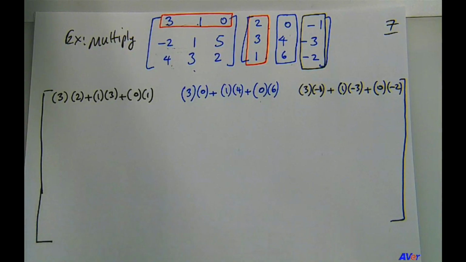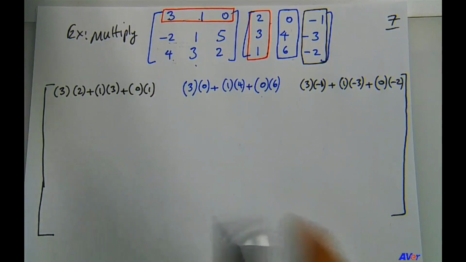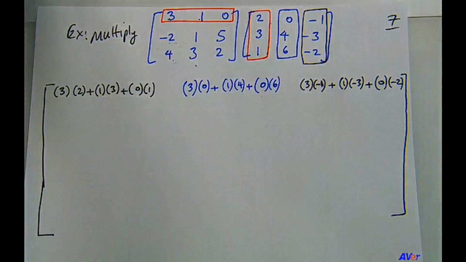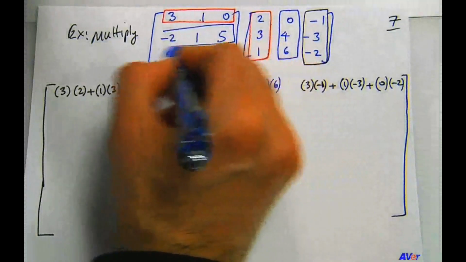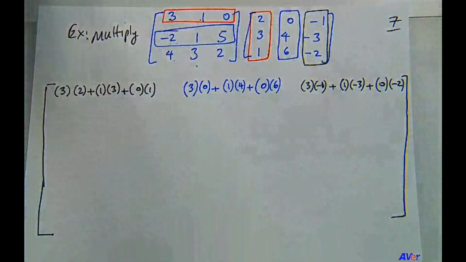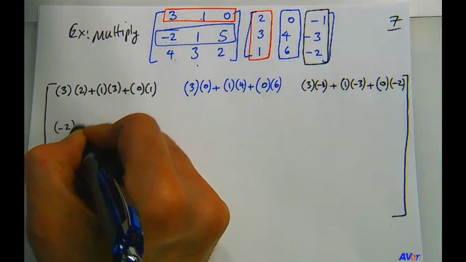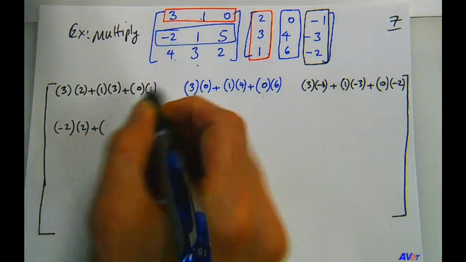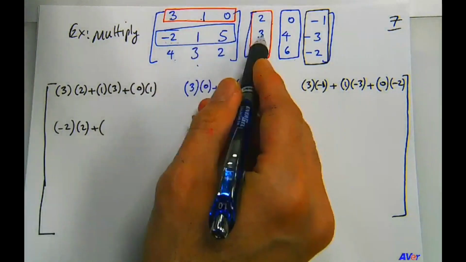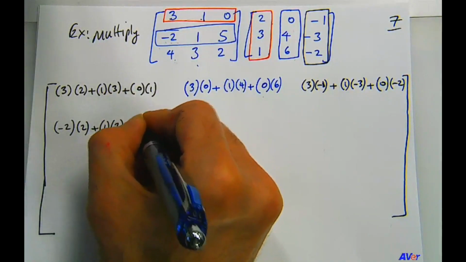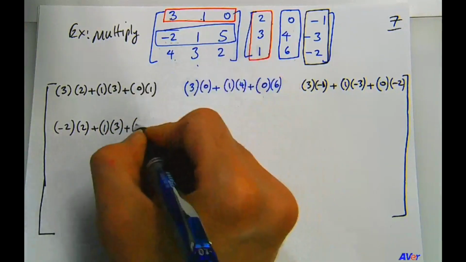Okay. Then we're out of columns, so let's move to the second row. Negative 2 times 2 plus 1 times 3 plus 5 times 1.